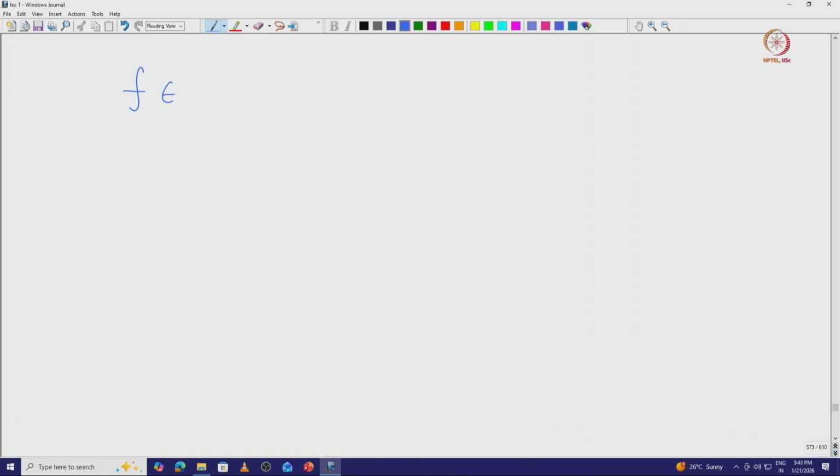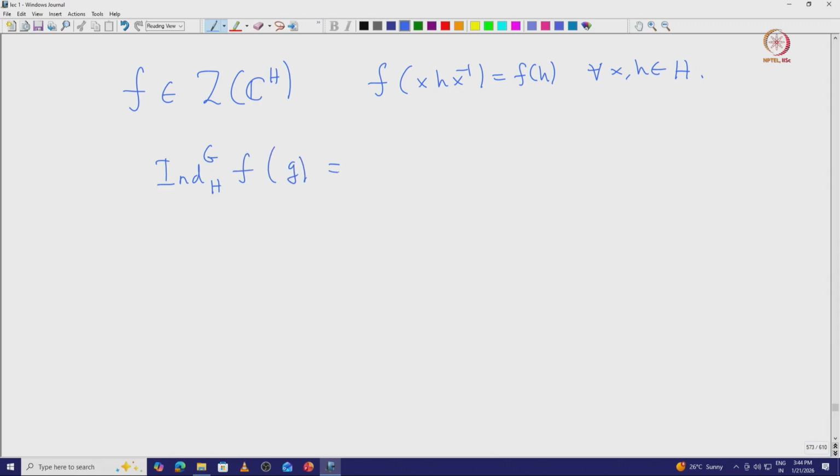Let us start with f being a class function on capital H. So we have that f of x h x inverse is equal to f of h for all x, h coming from capital H. Now you have this induction applied on f, and if you recall the definition, when you apply it on g, then you get exactly 1 divided by the cardinality of H, summation z in G, f dot of z inverse g z. So this is what we get, by definition.